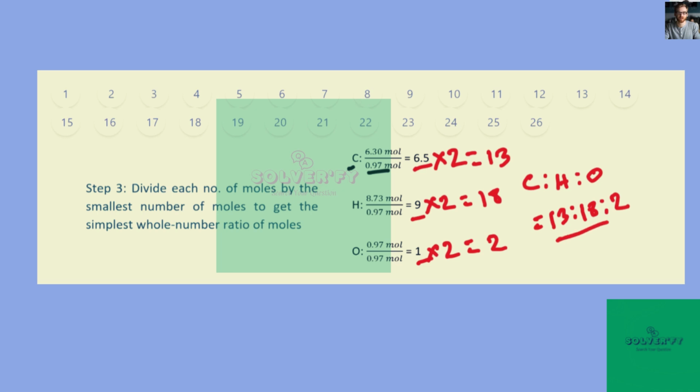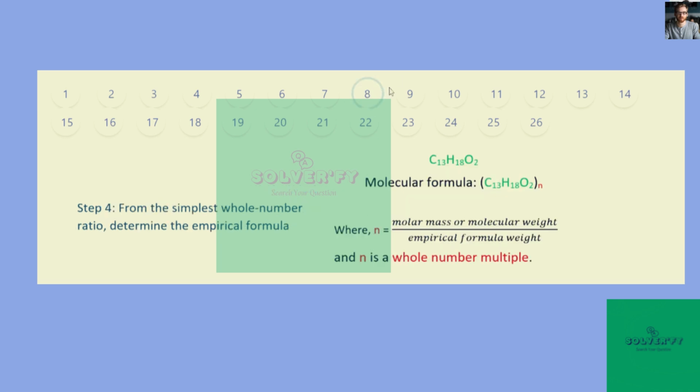Now from here we will find out our empirical formula. Since we had 13 for carbon, 18 for hydrogen and 2 for oxygen, that means the empirical formula of this substance is C13H18O2.